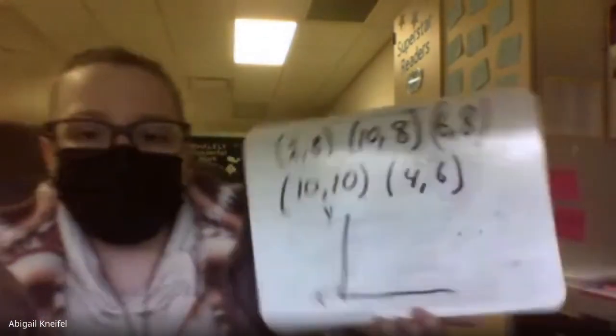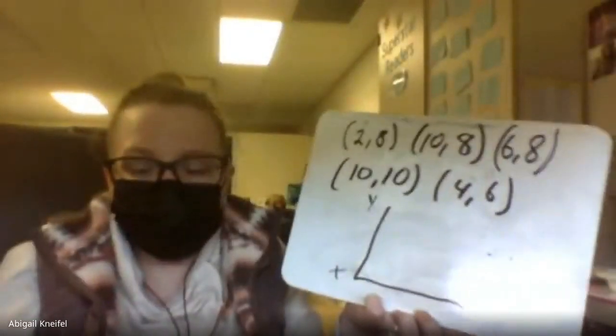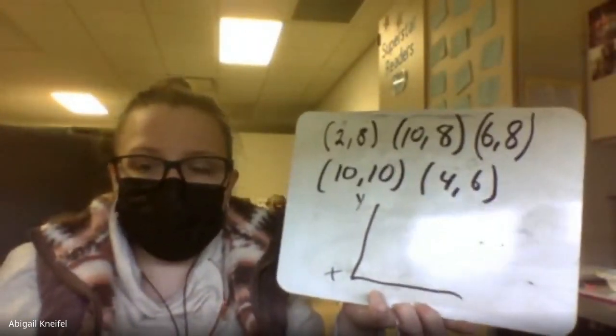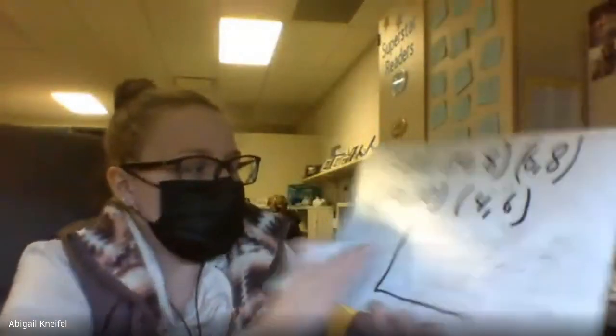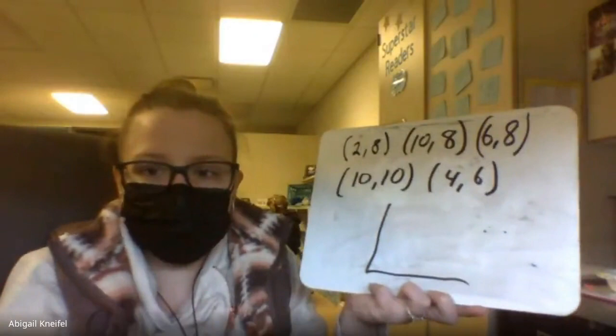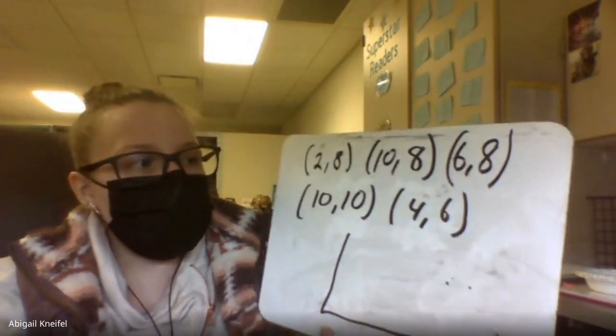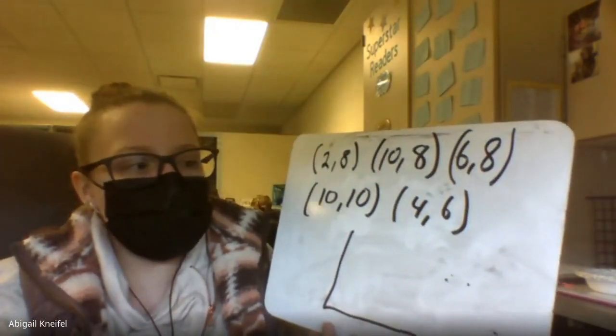Anyone want to give me a suggestion? Isabella H., what might I count by on my x-axis? My x is this way. Tens or fives? Let me read the numbers again. 2, 8, 10, 8, 6, 8, 10, 10, 4, 6.